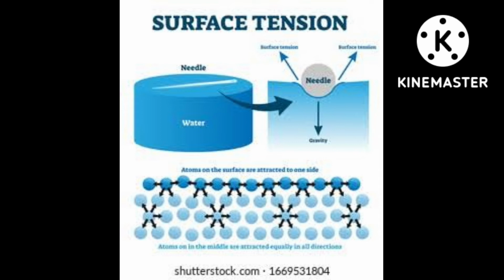The molecules on the surface experience a net downward force, and hence have more energy than the molecules of the bulk. They are in tension; they want to minimize surface area, hence the surface has more energy.